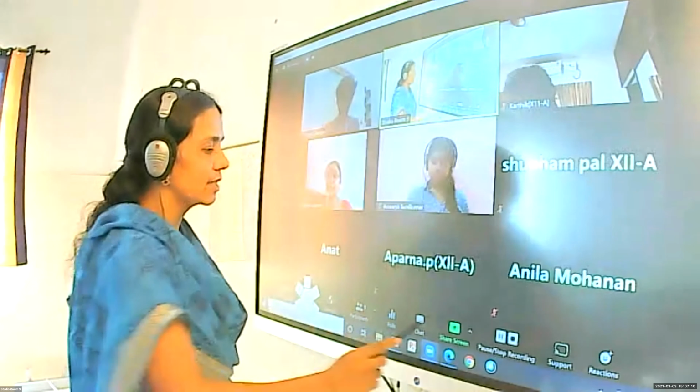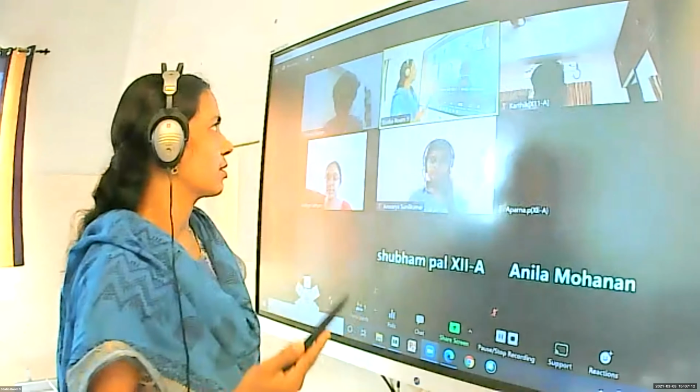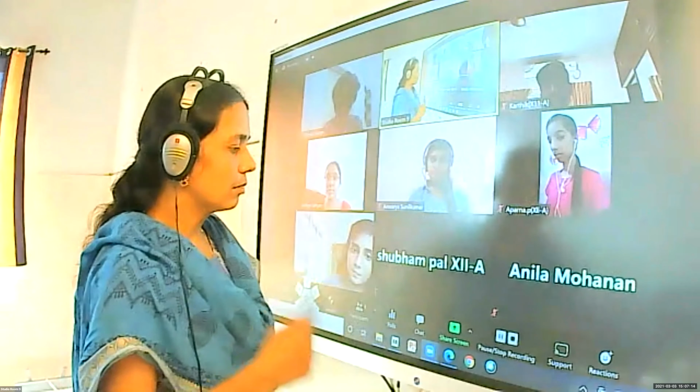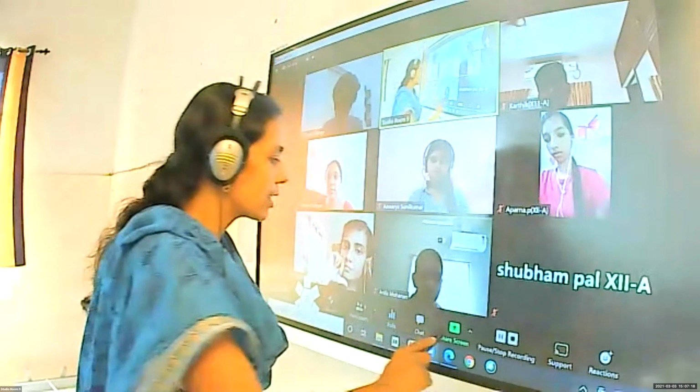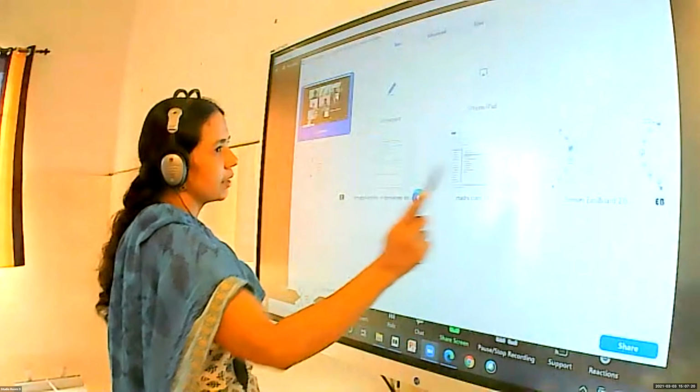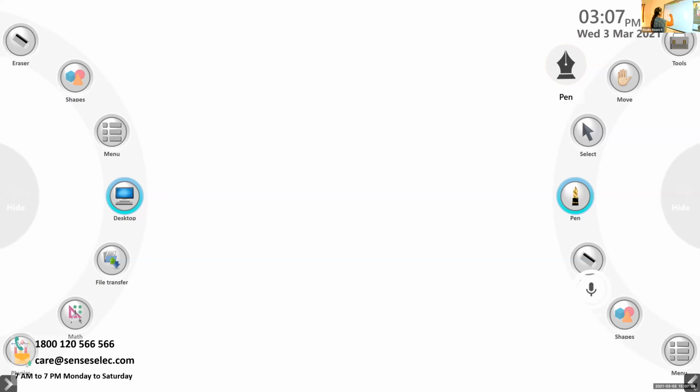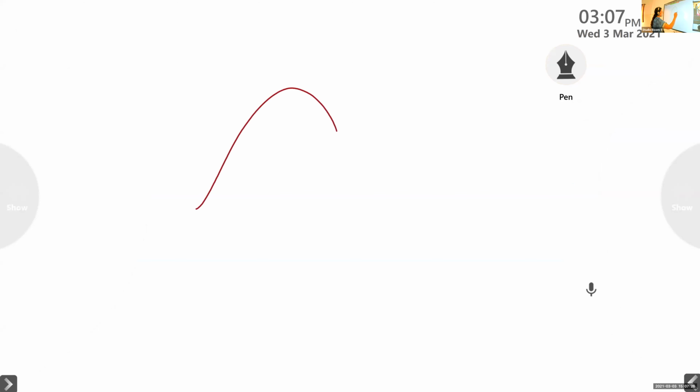So what we are discussing is increasing and decreasing functions. Once a curve goes on increasing, it attains its maximum. Once it attains the maximum, it will change its direction and go on decreasing. When it goes on decreasing, it attains its minimum value and thereafter the f of x value will go on increasing.